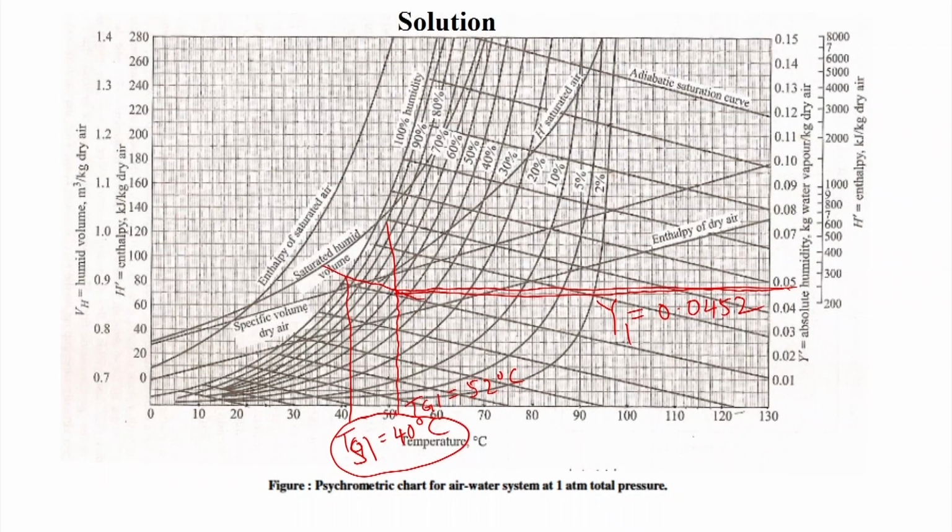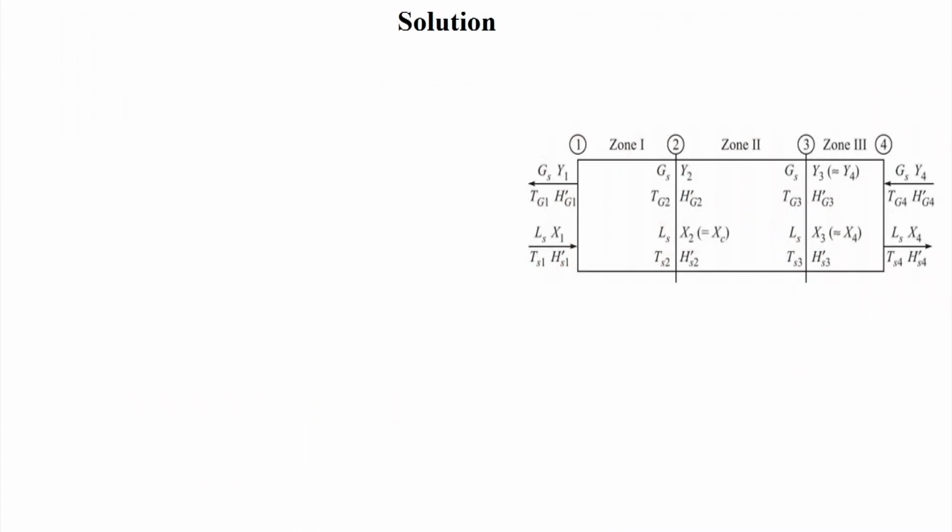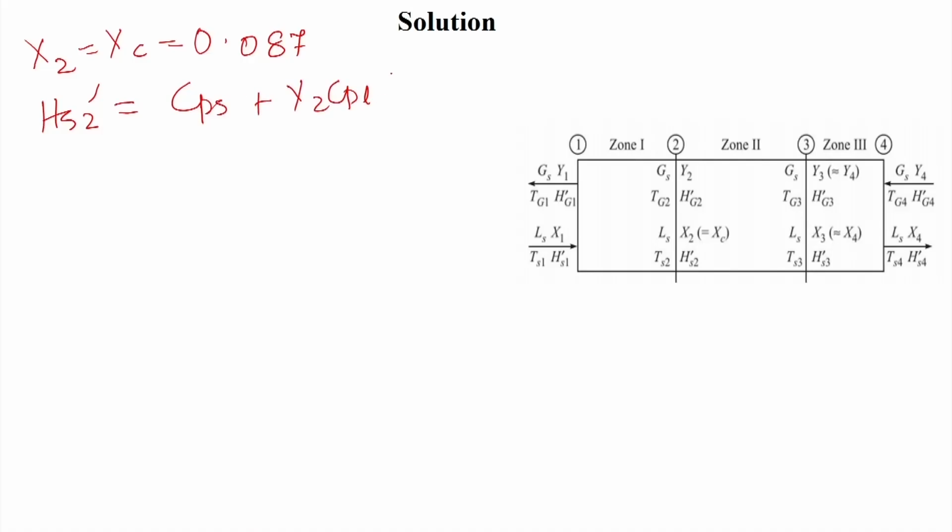Okay. Now, we will be getting the x2 value, that is nothing but xc, which we have already obtained as 0.087. From there we will be getting Hs2 prime, that is Cps plus x2 into Cpl, the liquid water, into Ts2 minus T0.